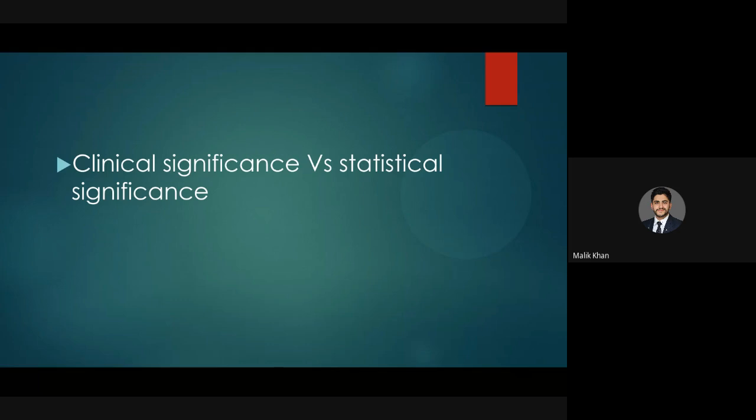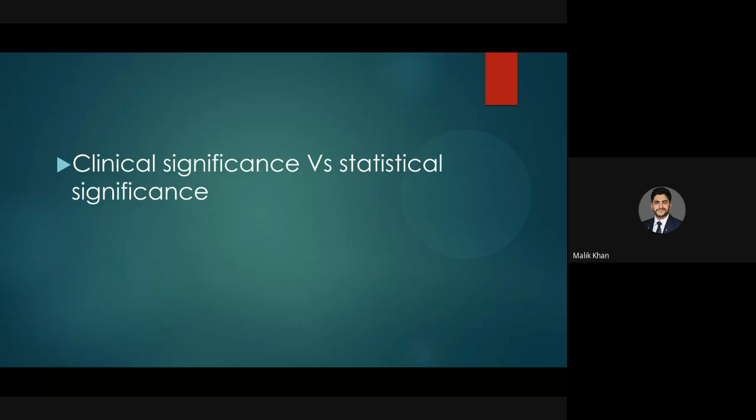So if we say that our results are significant, what do we mean by that? By significant, we mean that the results I got, for example, that smoking increases the odds of lung cancer, are not by chance but actually stand true.